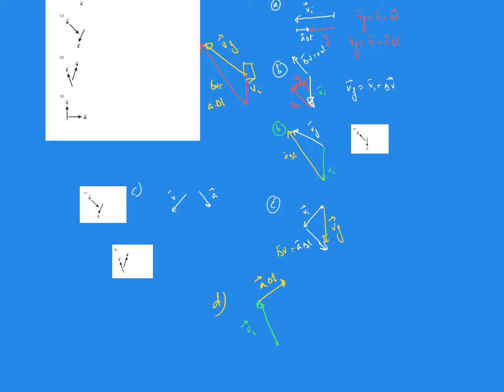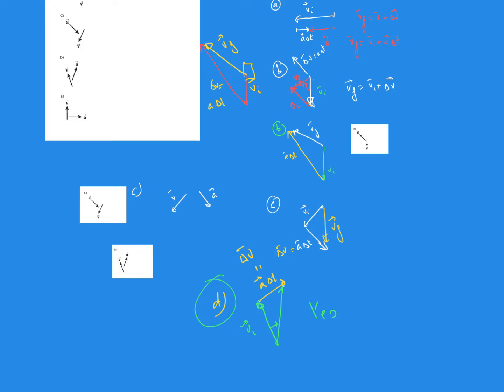So it will be something like this. This will be the change in the velocity, so the V final will be this vector. Is this vector rotating to its right? Yes. Is it increasing the magnitude of the velocity? Yes. This is D. D is good.